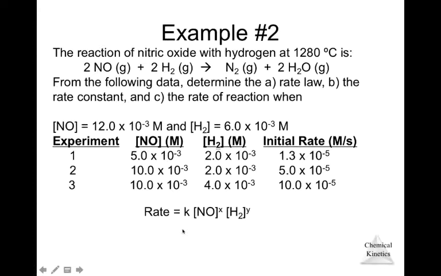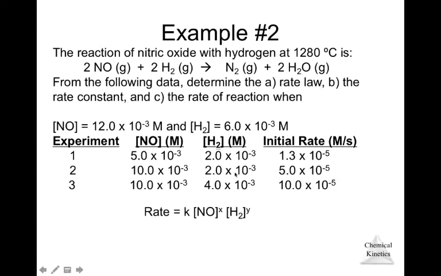So if we look at any of these experiments, we can try to figure out what's going on. So which one is more useful for which of the different exponents? For example, if we're looking at the first two experiments, H2 remains constant.